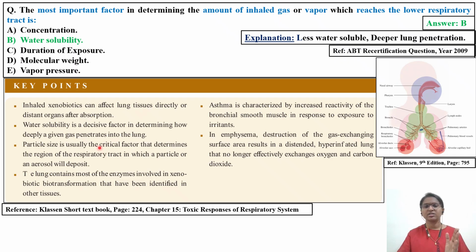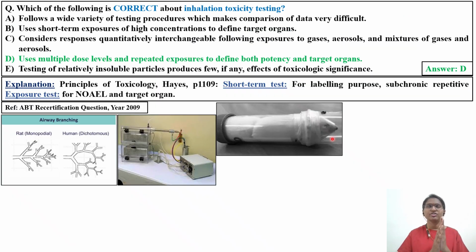Try to read about other things like asthma and emphysema. Now we'll go to the third question. Please try to remember which region of the respiratory tract is responsible for the deposition of which particle size. Now we'll see question number 3.